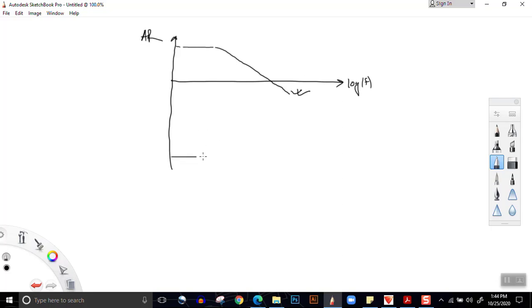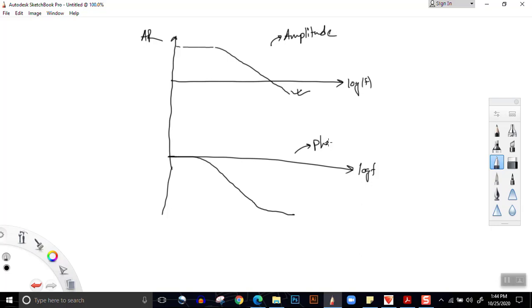In the same graph paper, we plot log f and we find the angle. As you can see, at initial stage, the angle would be 0, then the angle would be gradually declining, then the angle will again be constant. This is our phase graph.